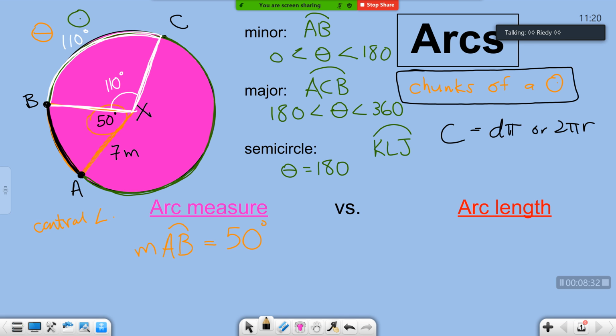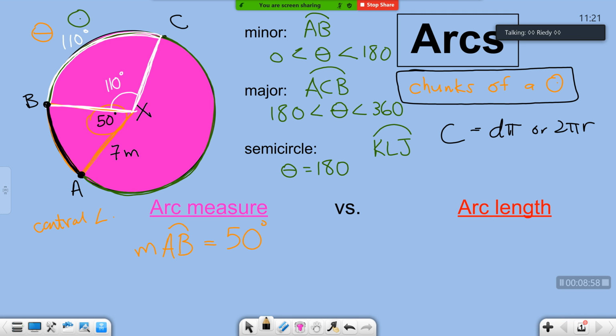So you could calculate the entire distance around the circle, yes? Could I use that information to figure out how far it is from A to B? Yeah. How? You could add up the whole circumference and then subtract the part that you don't need.